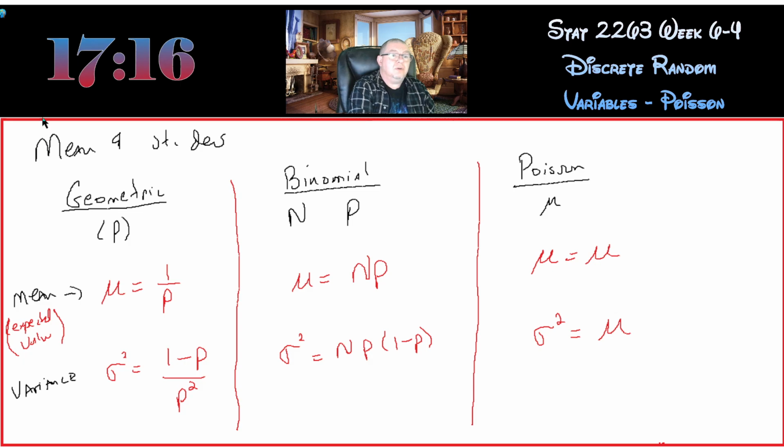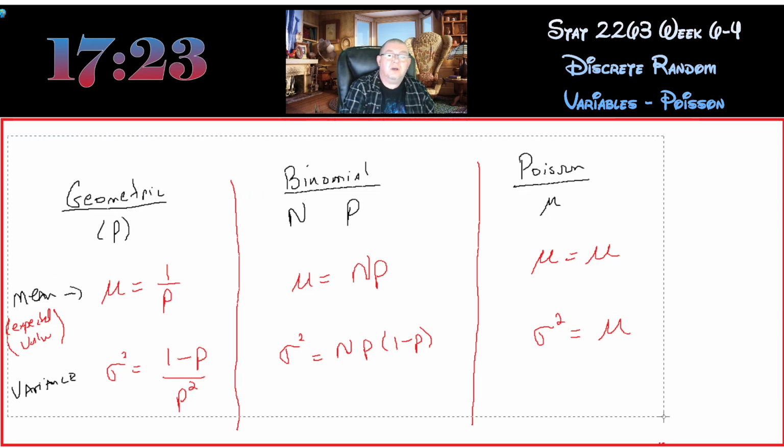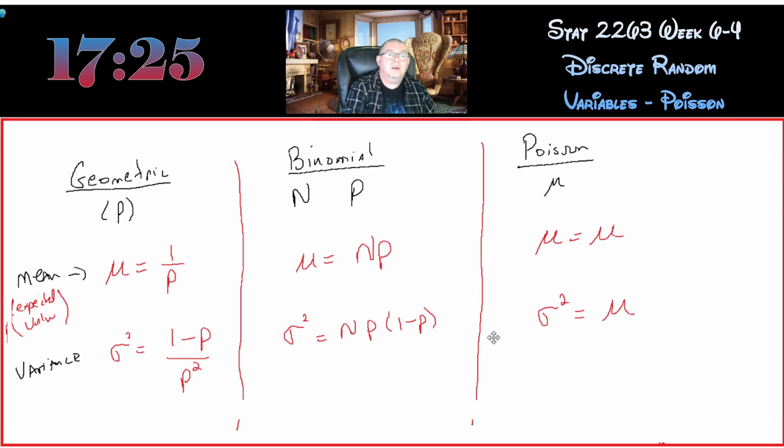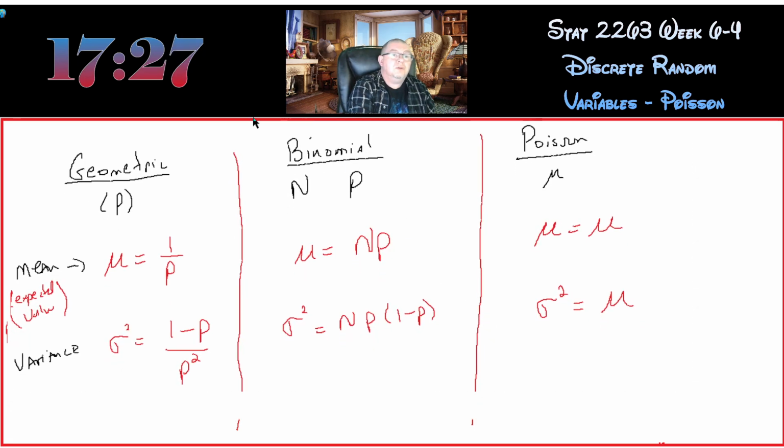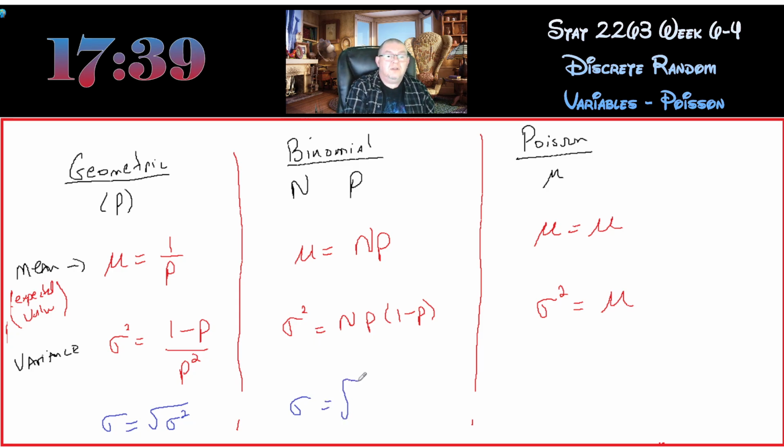And then, of course, we would want the standard deviation. So the standard deviation, sigma, equals the square root of sigma squared, the square root of that formula. For the binomial, sigma is the square root of n times p times 1 minus p.